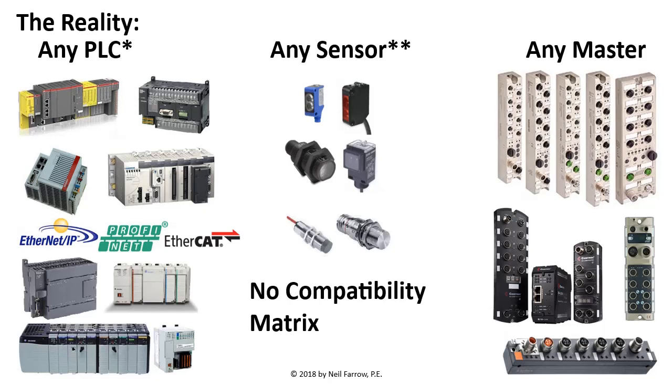The reality is that you can use any PLC and any sensor with any master as long as they're all IO-Link compatible. There's no compatibility matrix or charts or lookups.